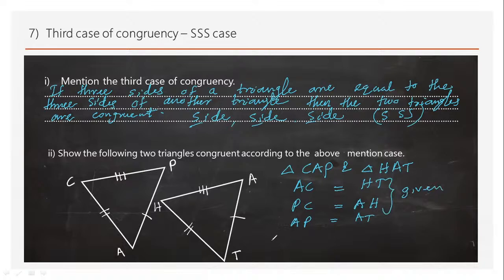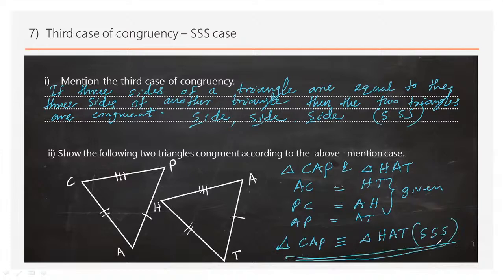So you can write triangle CAP congruent to triangle HAT. Situation is side side side case. After finishing, you have to mention the situation like that, right? This is the answer.